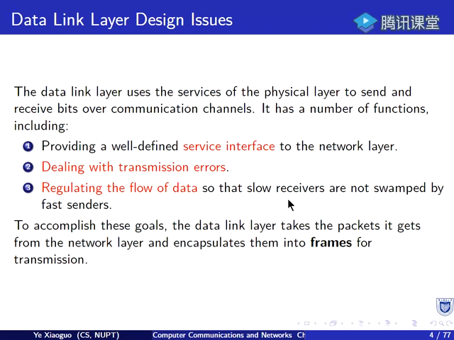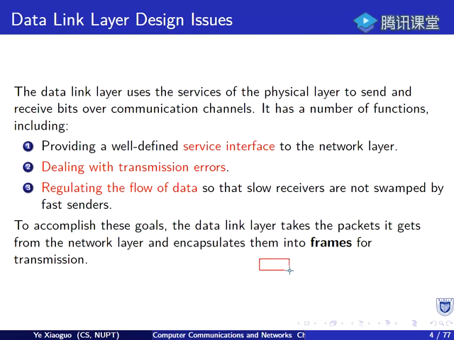So the data link layer will talk about interfaces, error control, and flow control. These are three main issues. To accomplish these goals, the data link layer takes the packets it gets from the network layer and encapsulates them into frames for transmission.